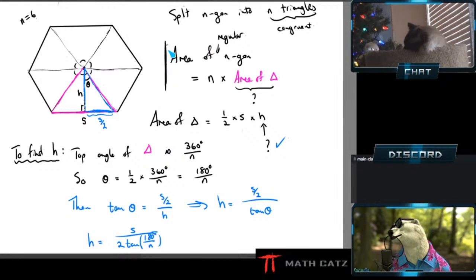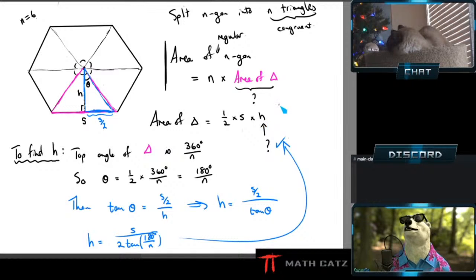What did we do originally here? We wanted to find the area of the polygon. We needed the area of the pink triangle. The area of the pink triangle is a half times S times H, which I now have found over here.